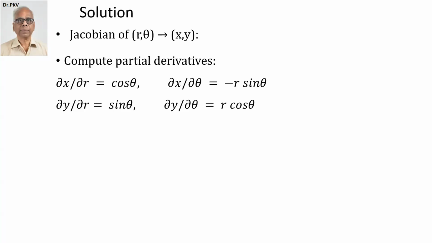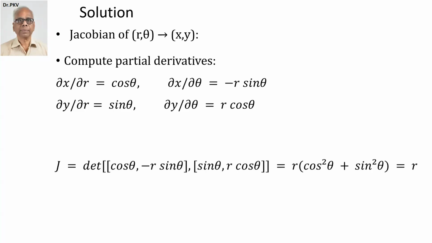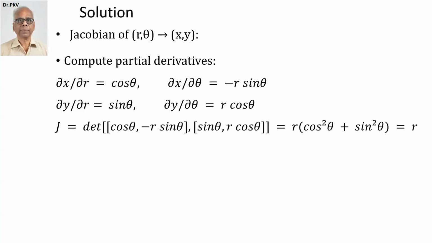Once you do that, find the determinant. The Jacobian J is the determinant of the matrix with cos theta, minus r sin theta in the first row, and sin theta, r cos theta in the second row.